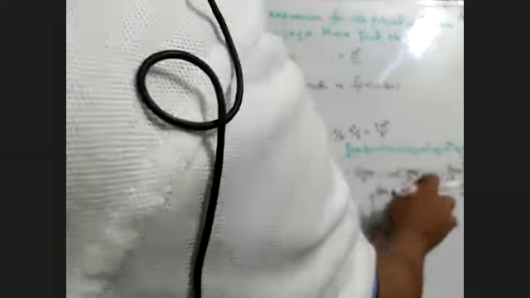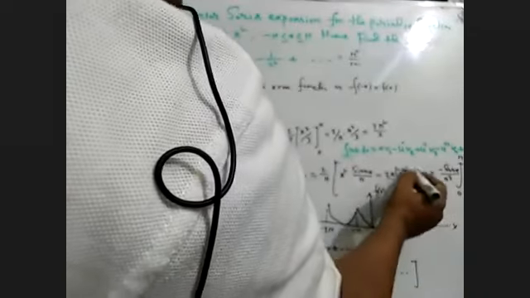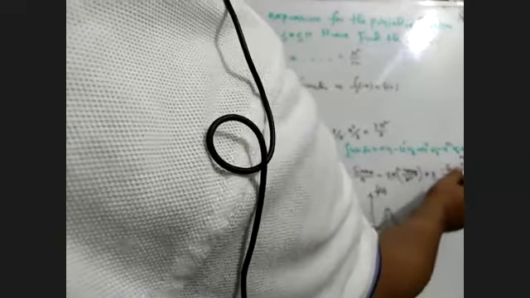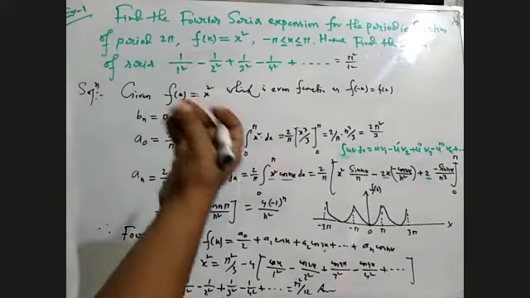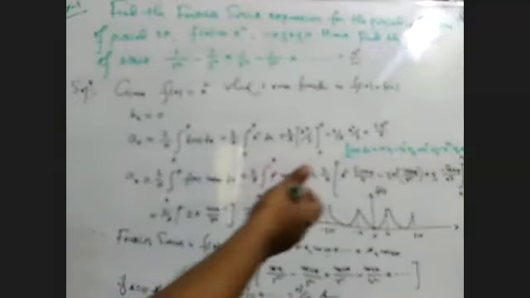Now plus the differentiation of twice x, which is 2, into the integration of minus cos nx, which is minus sin nx, again dividing by n, that is n cube. Now this 2 cannot be differentiated further, because the differentiation of 2 is 0. This is why we stop with these three terms.